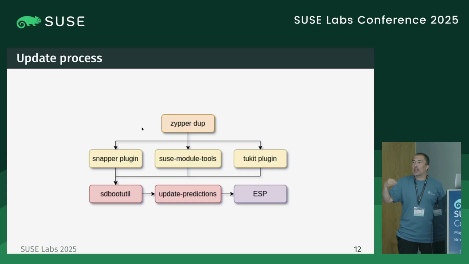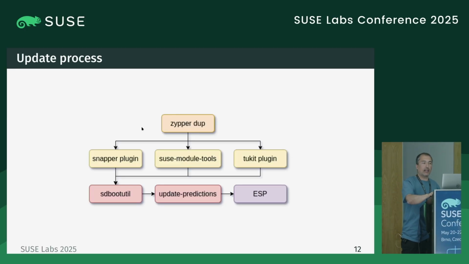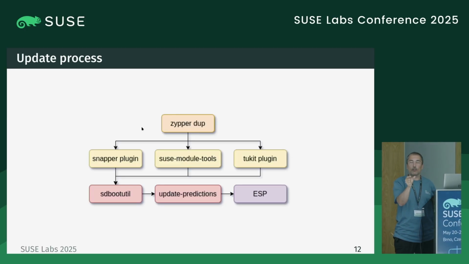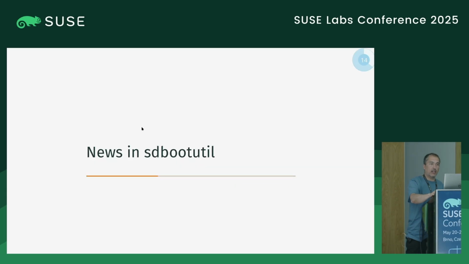That is going to realize the operation required for BLS, for example, creating a new boot entry or updating the kernel or whatever is required. And then it's going to decide, okay, this change is going to invalidate the predictions. So let's update the predictions now and generate a new file in the ESP that is going to contain the values that are going to be used for the next boot. That is going to validate a subset of the options that the user has for the next boot.